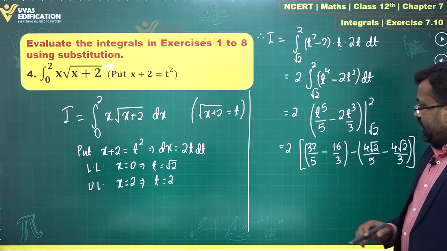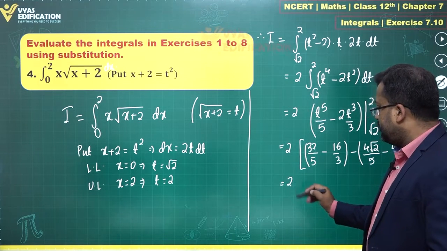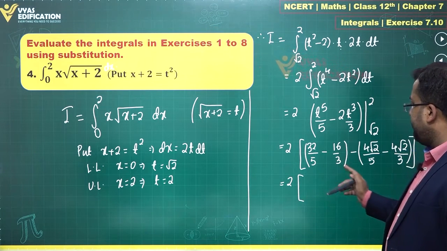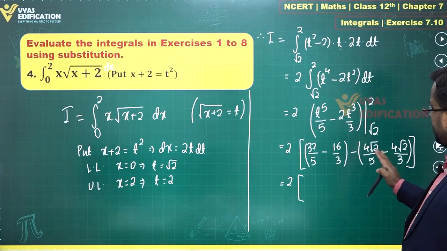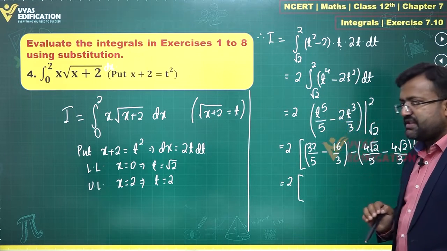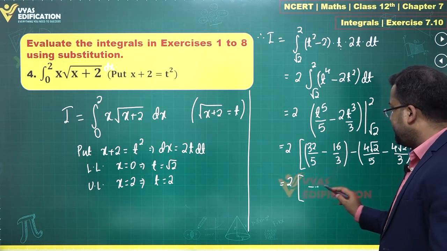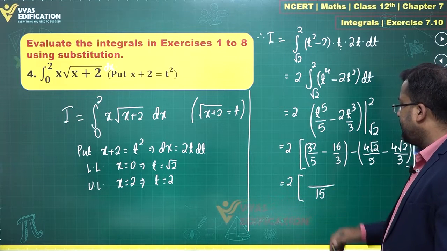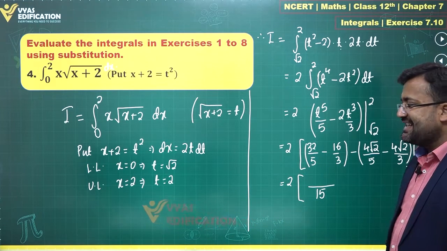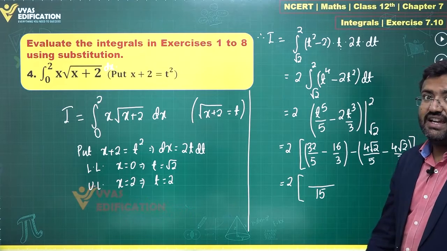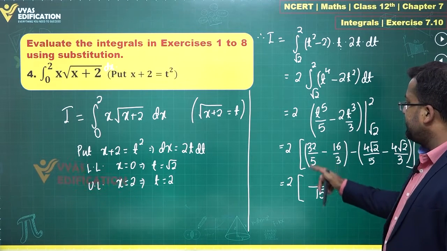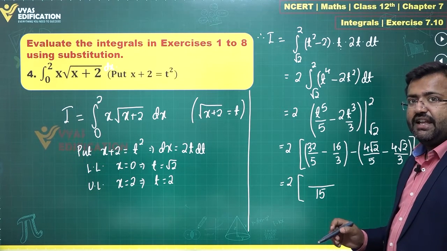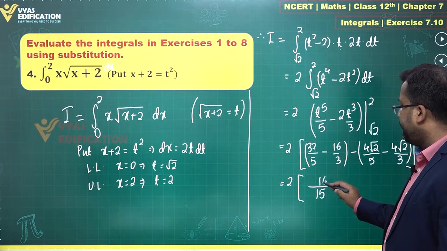Yes. Okay, so from here this 2 remains as it is. What will this simplify into? These terms contain root 2, so they'll be simplified together. We can take the LCM as 15, and 32 times 3 is 96, 16 times 5 is 80. 96 minus 80 is 16.